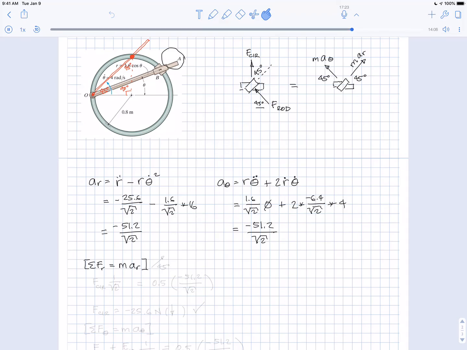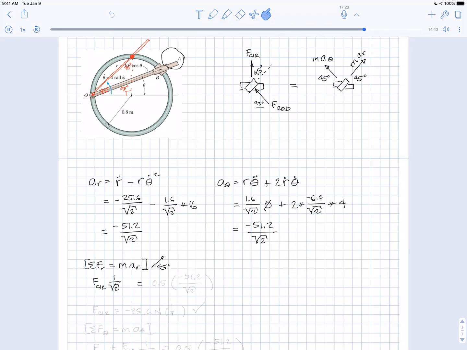It doesn't really matter if you figured that out, but it makes it easier. This is sort of why I can do problems quickly: you just think ahead like that. So doing the r direction, you get the force from the circle times cosine 45 degrees, which is 1 over square root 2. And there is no component of the rod force in the r direction, so that's nice. That's why we did it.